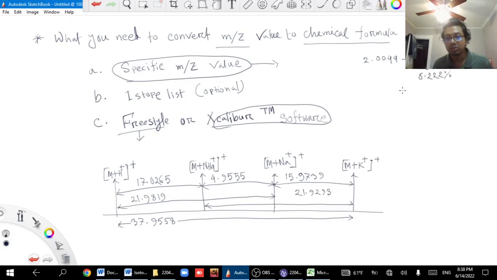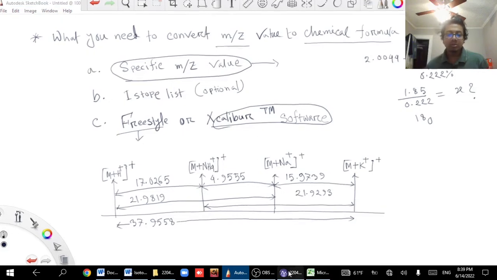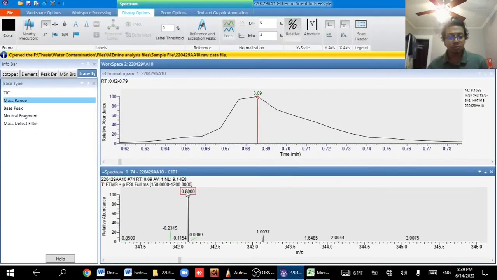So what you actually need to do is divide that 1.85 by 0.222, you will find that x value, and you will find the number of oxygens in the specific 342 mg value.